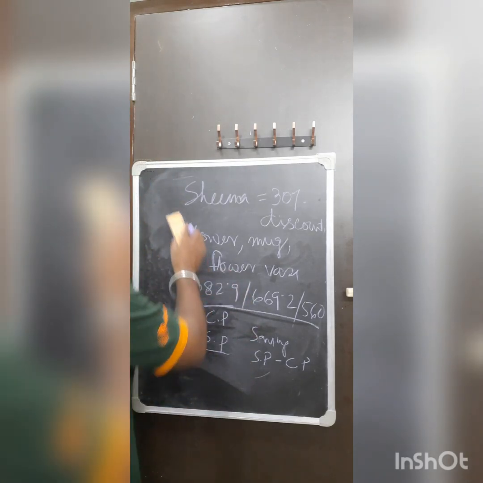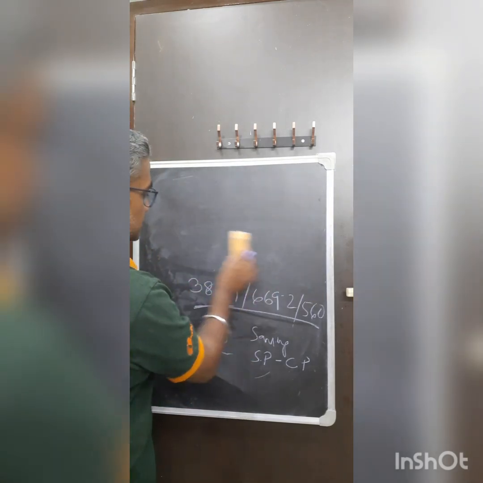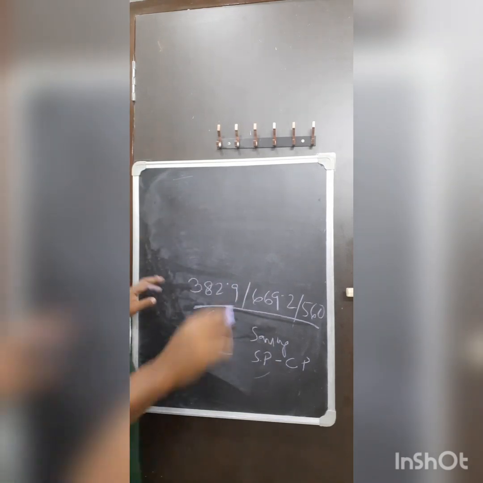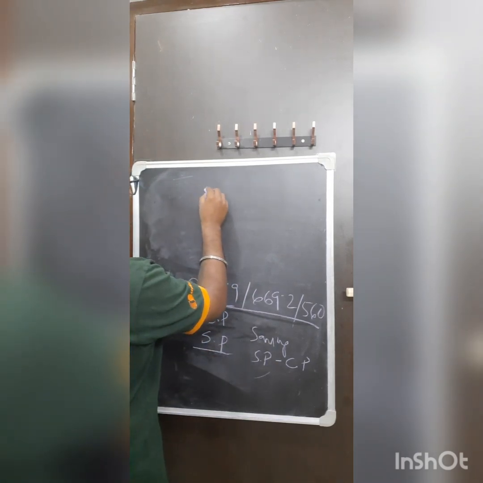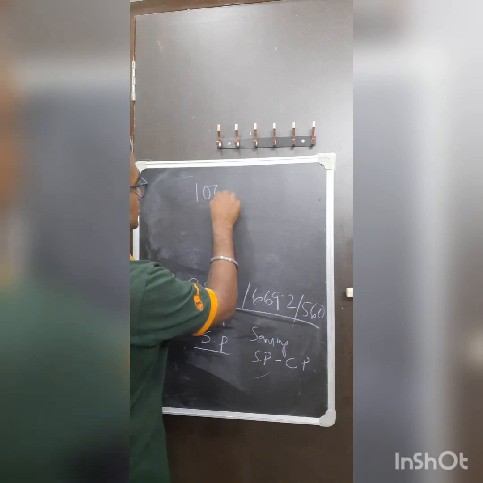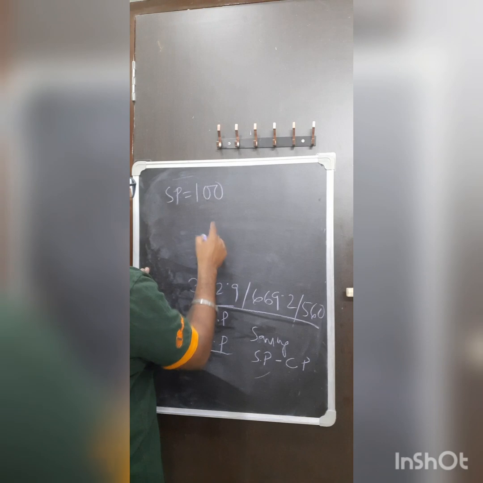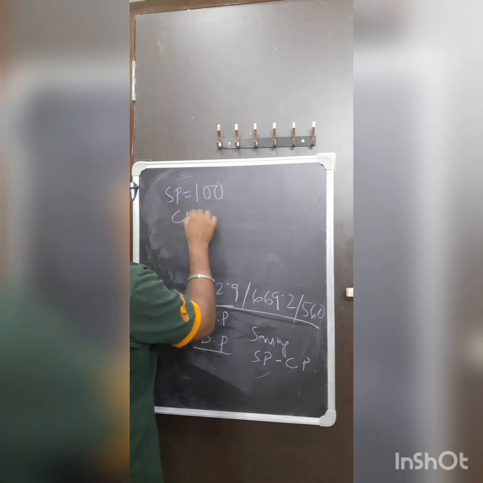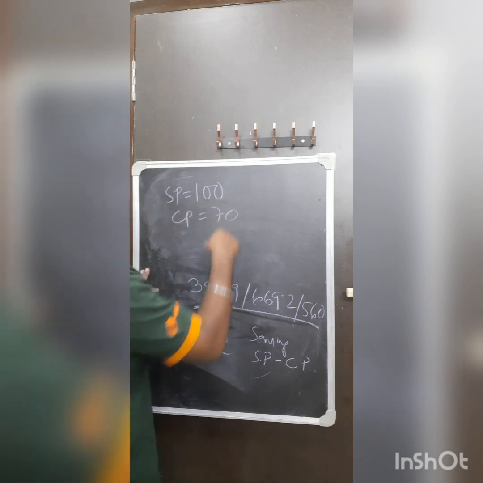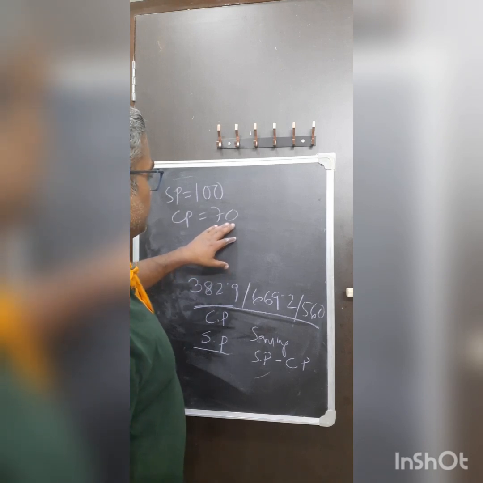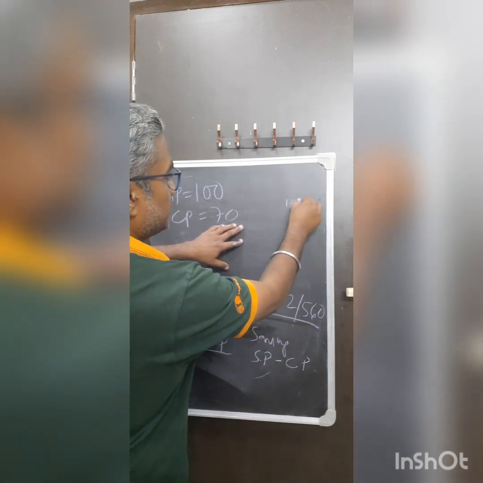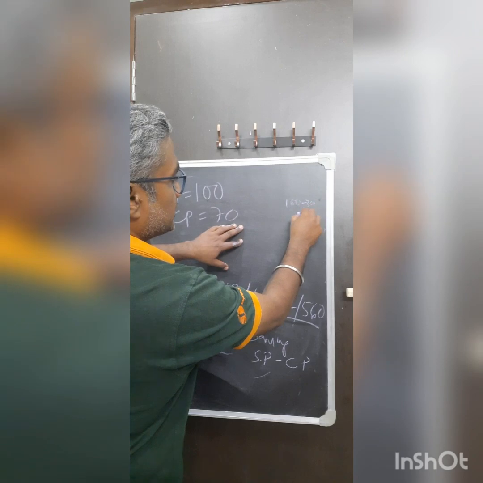So how would I get it? As it is 30%, you can say straight away that if the selling price is 100, then the cost price is 70, because I get a 30% discount. 30% means 100 minus 30, that gives you 70.